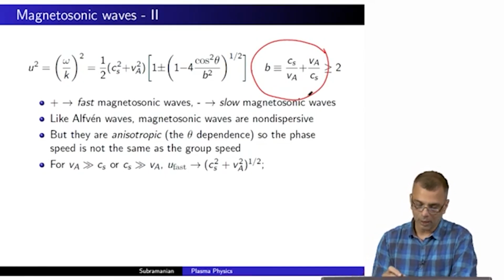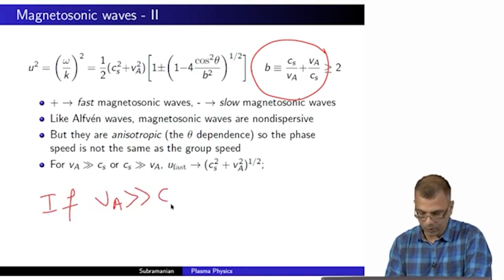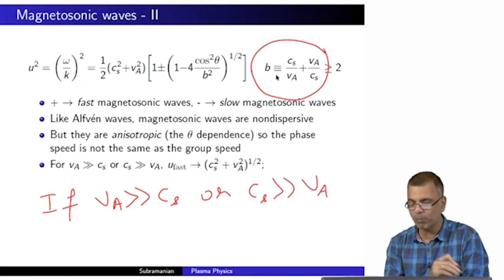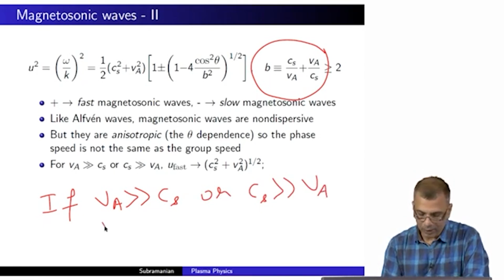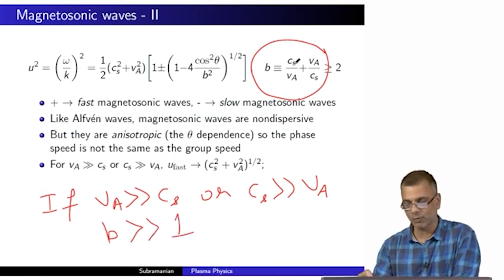if VA is much greater than CS, or CS is much greater than VA, what happens to B? B is much greater than 1. For instance, if CS was much larger than VA, right?